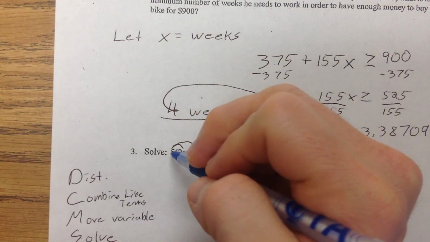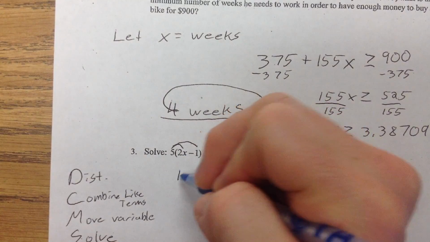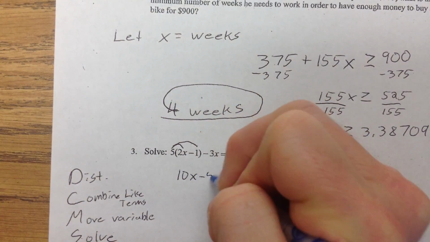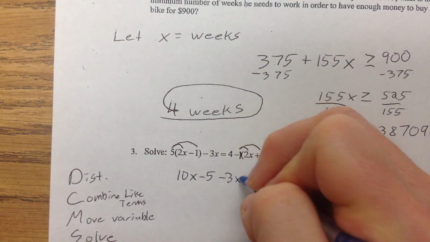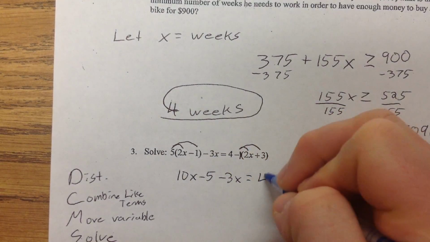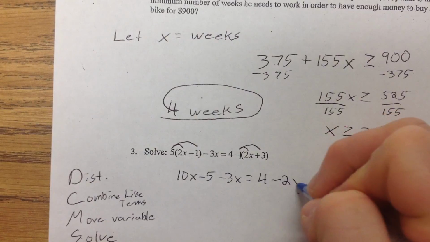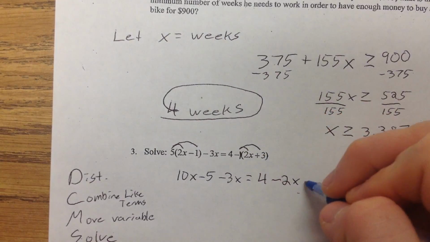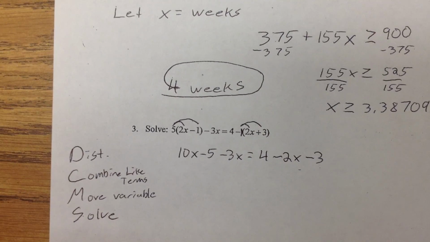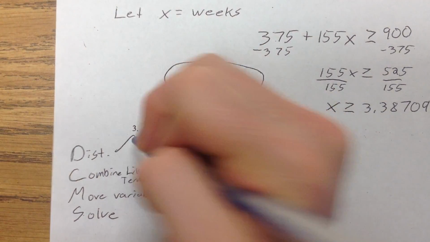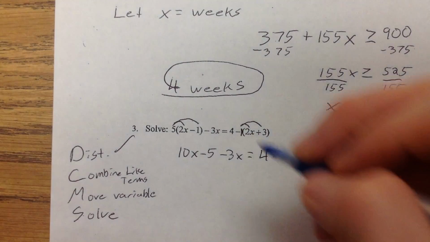So after our distribution, we multiply these, so that's 10x minus 5, and then we still have this minus 3x equals 4 minus 2x, and then that is going to become a minus 3 because it's negative 1 times 3.